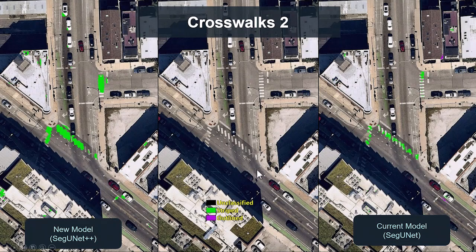So here we have some other examples showing the SegUnet++ model on the left, having a much better ability to actually detect and outline crosswalks compared to our SegUnet model on the right. Again, this is with a very small training set and with about 15 minutes of training. So we're not trying to make a perfect model, just trying to illustrate some of the differences between the two.